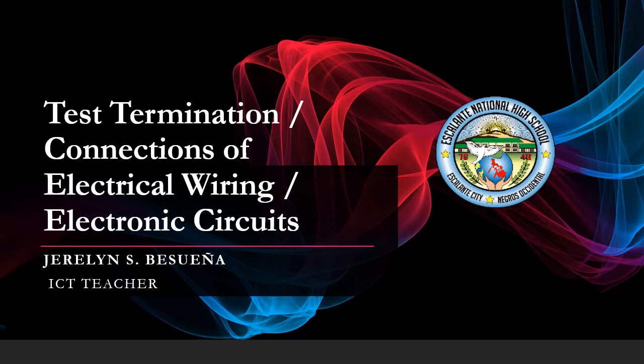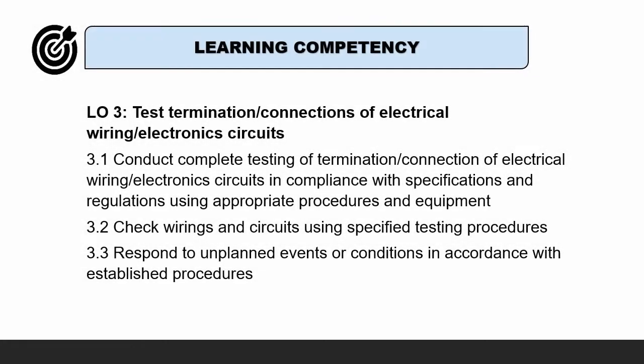Our topic for week 8 is test termination or connections of electrical wiring or electronic circuits. For your competency this week, specifically, conduct complete testing of termination or connection of electrical wiring or electronic circuits in compliance with the specifications and regulations using appropriate procedures and equipment.